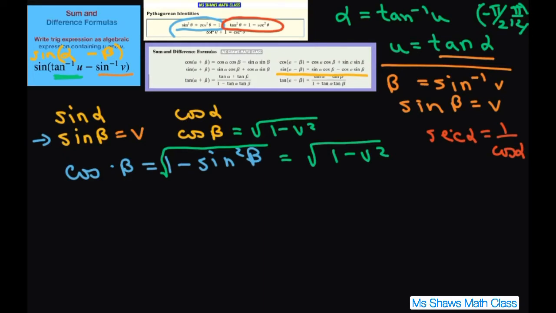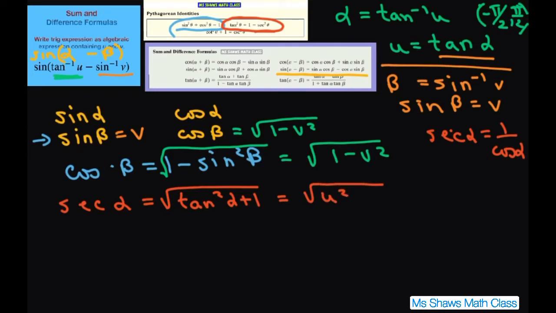So what I'm going to do is use secant of alpha equals, for the same reason, the square root of tan squared alpha plus 1. Because this is secant squared, so I just took the square root of both sides. So this is going to equal the square root of u squared plus 1.